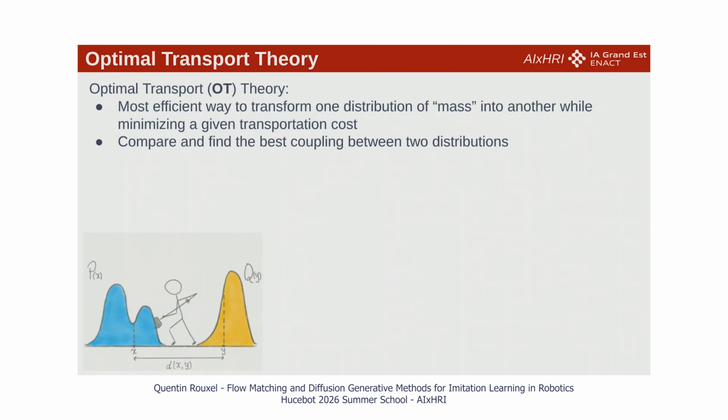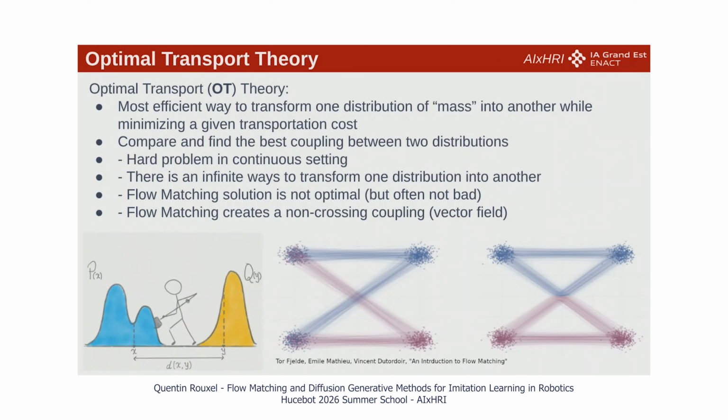I'm not going to go into details, but just to give you some facts that are important to keep in mind. First, this transformation is well understood for discrete problems, but it is hard in continuous settings. Second, there are infinite ways to transform one distribution into another. When we have a source distribution on the left and a target distribution on the right, there are many ways we can map points on the left to points on the right, many ways to do such couplings. In the general setting, flow matching computes one of these couplings, but it's not optimal. So there is no guarantee that the flow matching solution will be optimal.